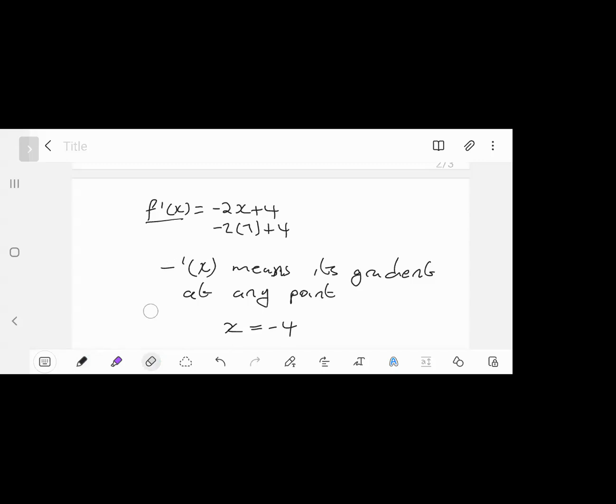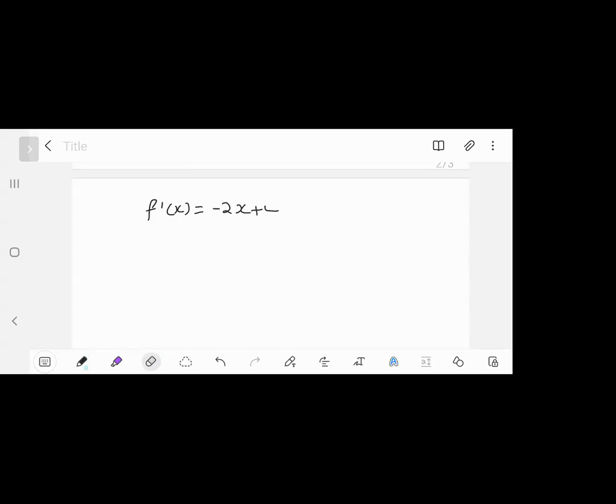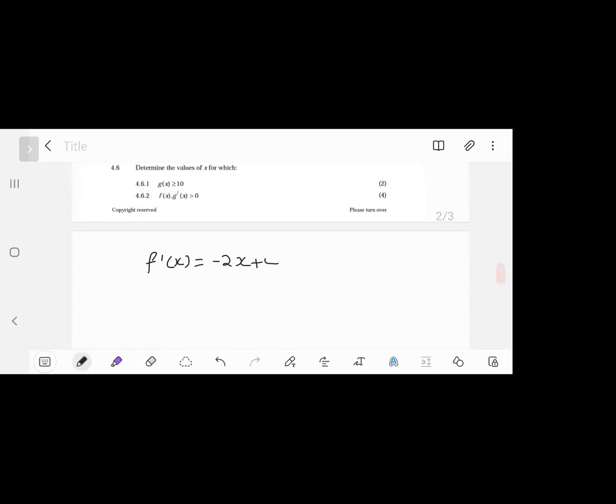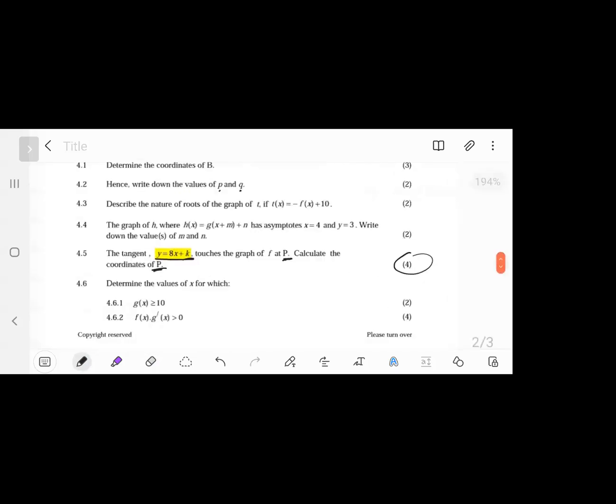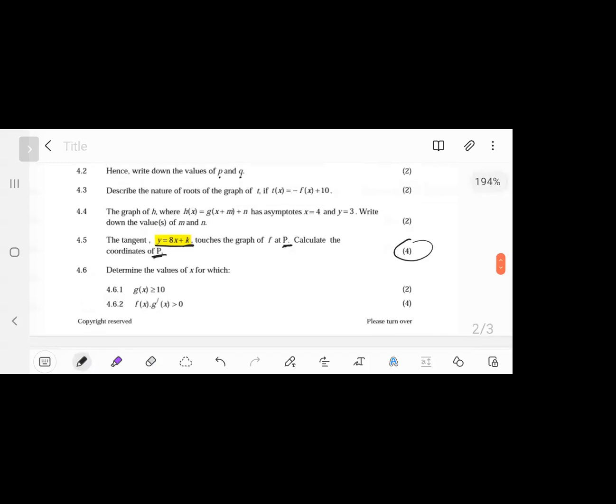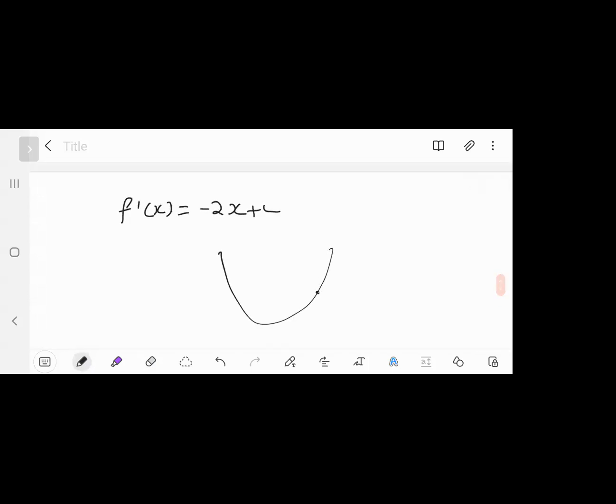Now this is what I have here. They say the tangent. Remember, if I have a function and there's a tangent at this point, the gradient of this line must be the same as the gradient of the graph at this point.